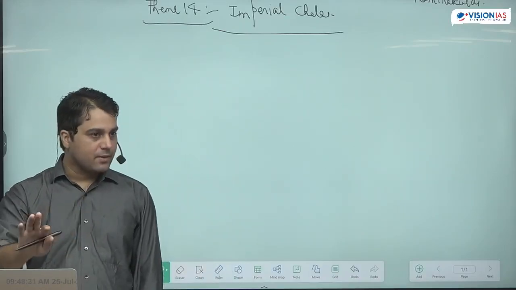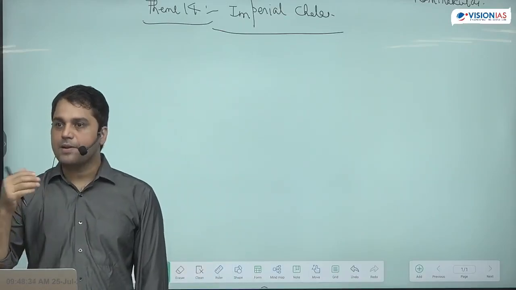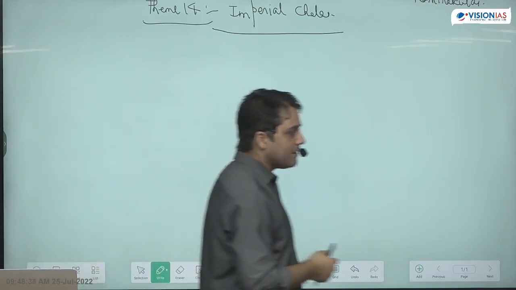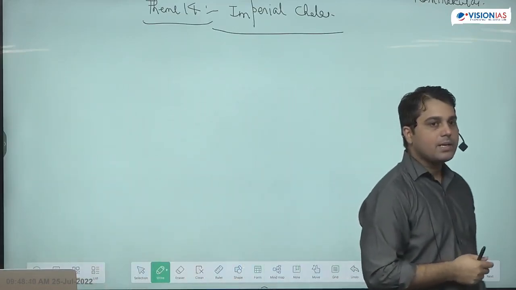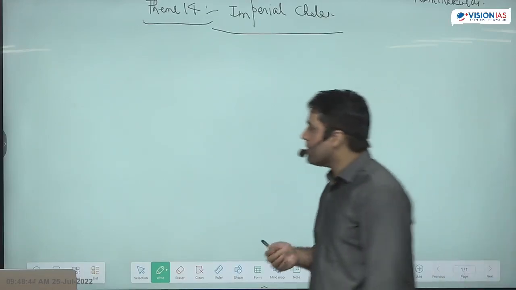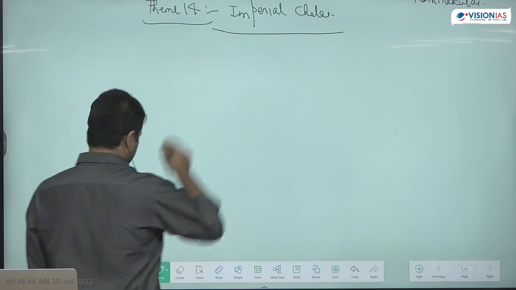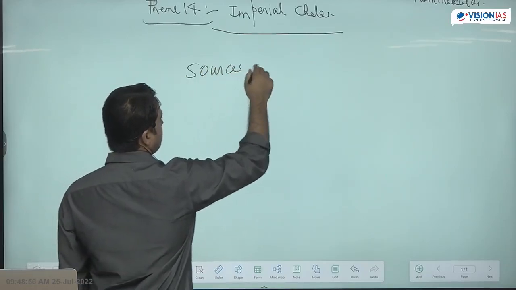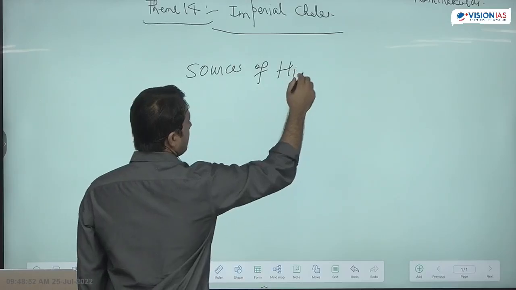The answer is we cannot know everything, okay? We have to rely on sources. If we are trying to reconstruct whatever has happened in the past, what are the ways to reconstruct that past, okay? So that is a very, very important topic which you should understand. I'm very sure you already have a lot of understanding.